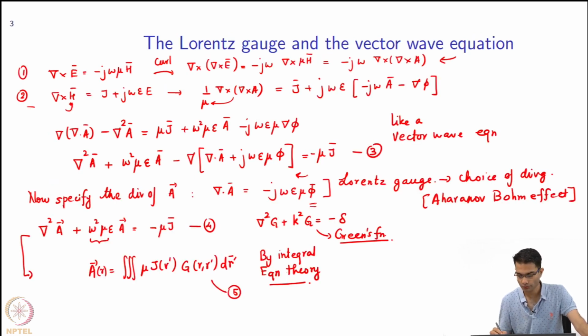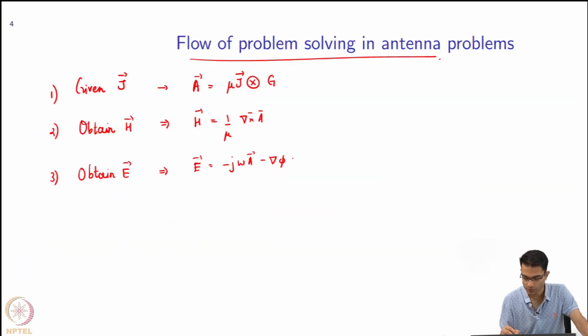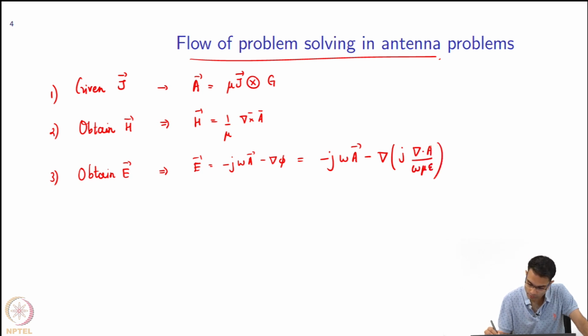So, phi is equal to j by omega mu epsilon del dot A, right. So, E will become minus j omega A minus j grad of del dot A divided by omega mu epsilon. Everything is in terms of A. So, this is one way of doing it.